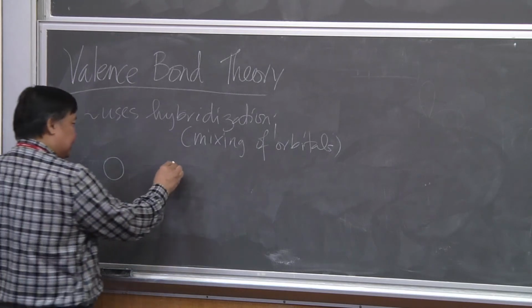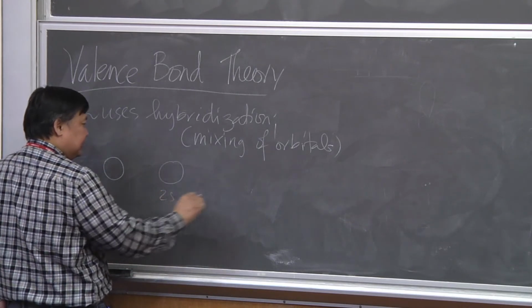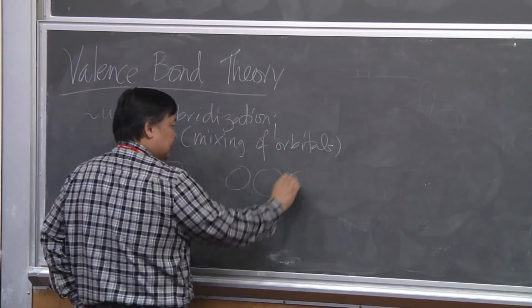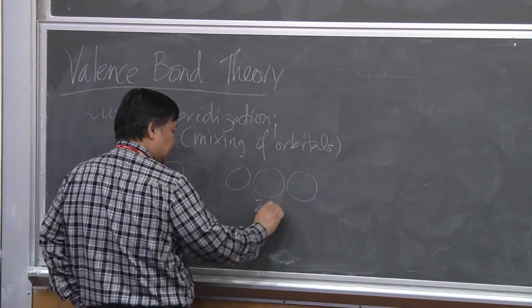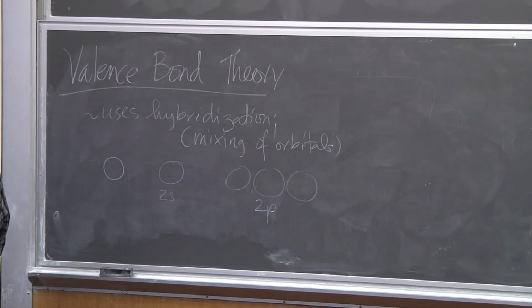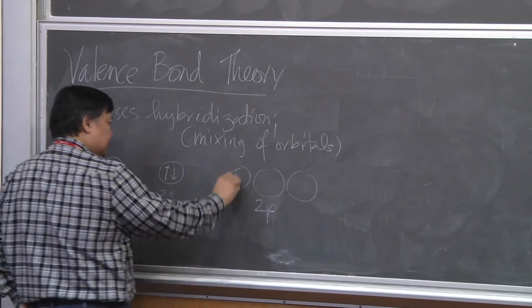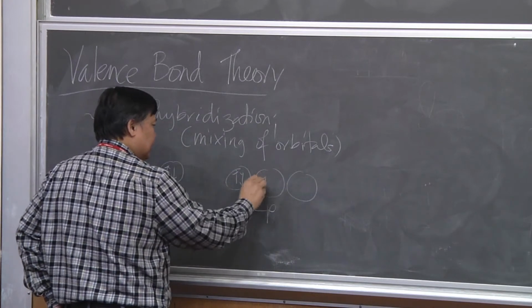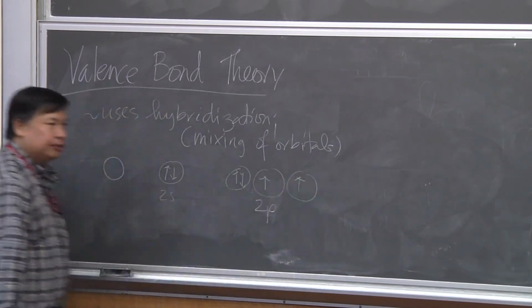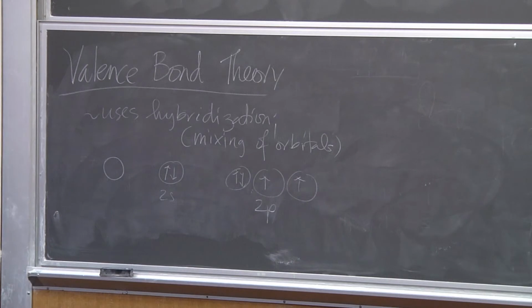So let's look again at oxygen. We know it has the 2s, the 2p. And we know it's going to go like this. Okay? And we said if we keep it that way, we can't explain the angles, right?